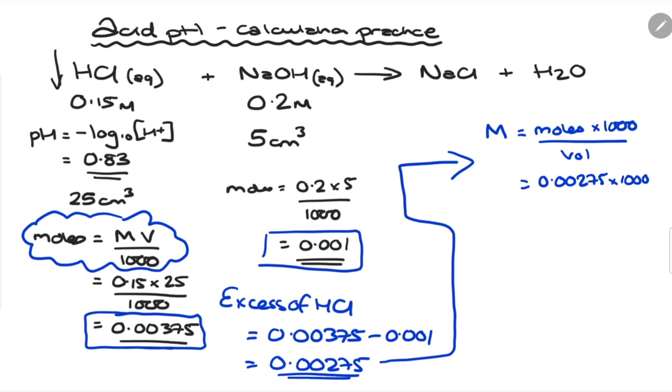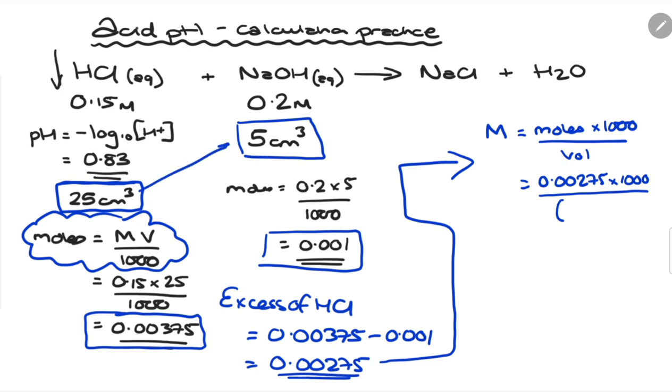The 1,000 is used to convert volumes in centimetres cubed into litres. And the volume is now equal to the total volume of the solution. Now remember, we had 25 centimetres cubed to start with of acid, but we've now got this additional 5 centimetres cubed. So the volume is now in a total of 30 centimetres cubed.